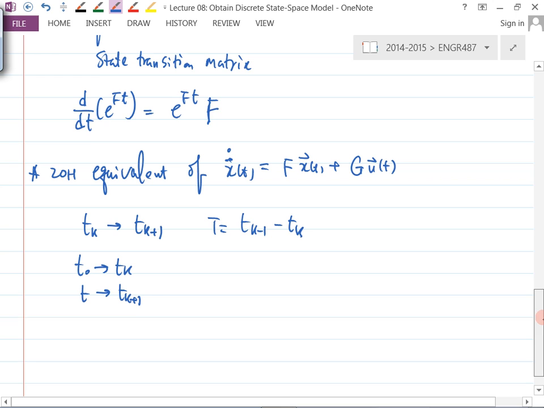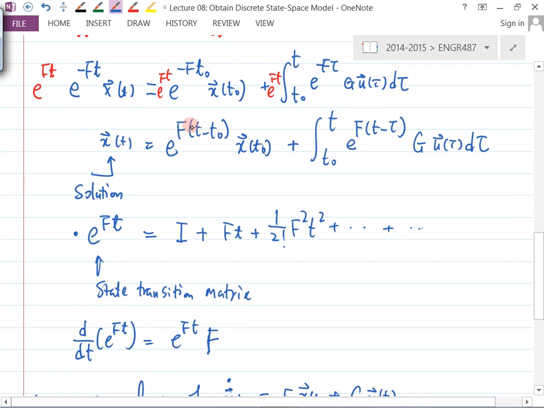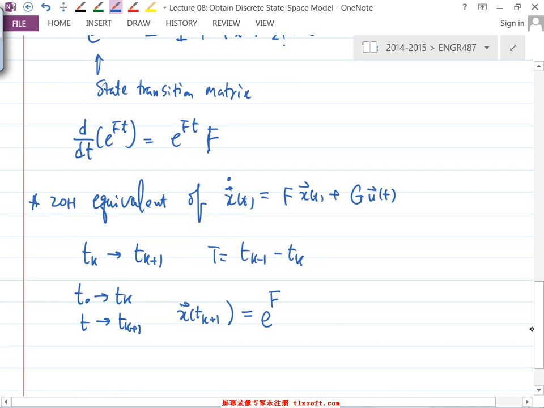Then my solution: x of tk plus 1 equals, and does that equal e to the power of f, tk plus 1 minus tk? Look at this one here. Now what is tk plus 1 minus tk?